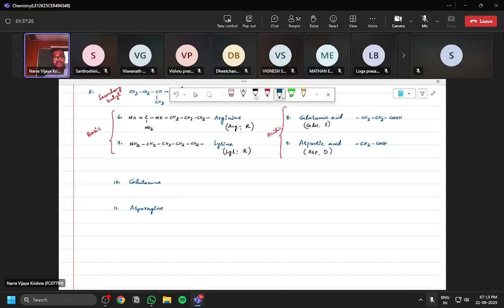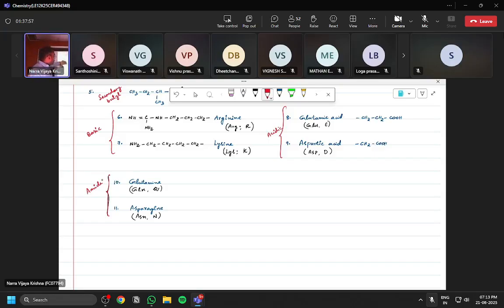Glutamine, asparagine. So glutamic acid symbol is GLU. Glutamine symbol is GLN. Right? Single letter Q. This one is ASN. Single letter N. Both are amide linkages. Both are amide group possessing amino acids.